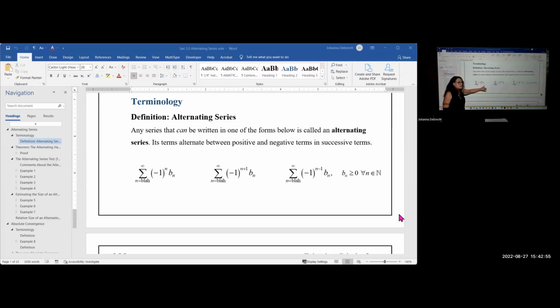But the b sub n, the terms of the sequence here, we're considering to all be strictly positive. So we're separating that alternating sign from the terms of the sequence. We consider the terms of the sequence themselves to eventually always be positive. Again, if the head of the series doesn't follow this pattern, we take the head off and then we use the part where it does follow the pattern, where the terms cycle positive, negative, positive, negative.